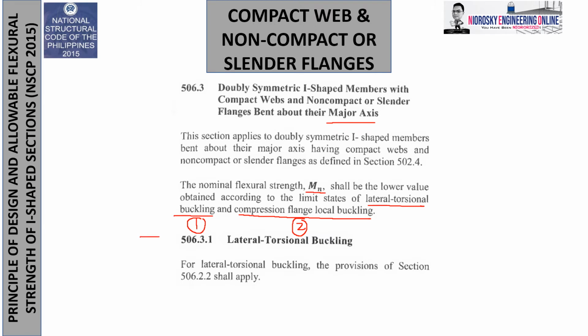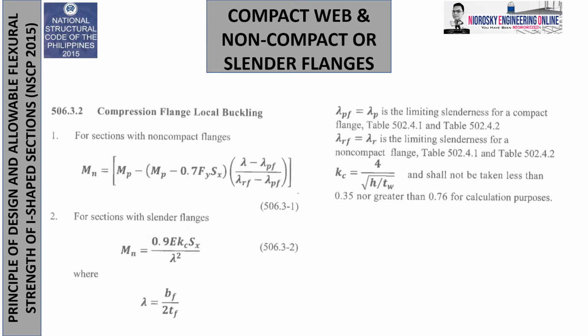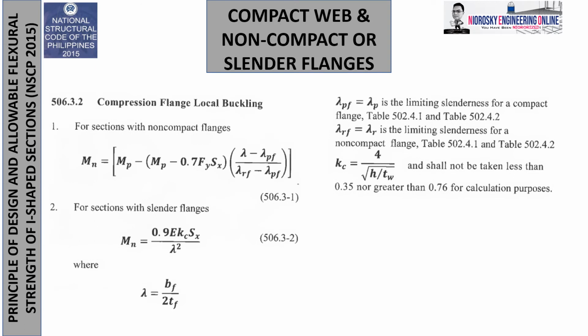Yung unang limit state, ito yung 506.3.1, pero may pinagkaiba na sila nung una. Kung mapapansin nyo, yung kaninang code is the same lang din ang computation sa nauna. Pero sa compression flange local buckling, nagkaroon ng modification. So therefore, this will be the computation. So medyo nagkaiba na.